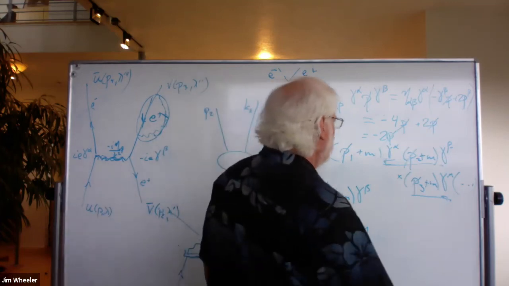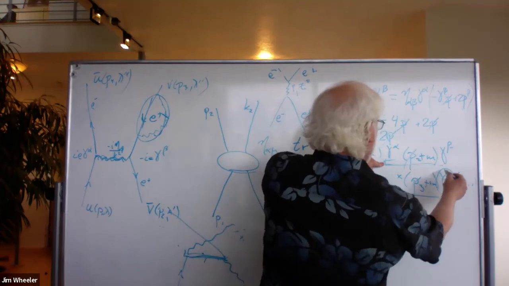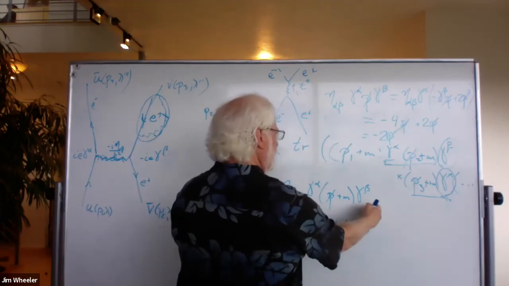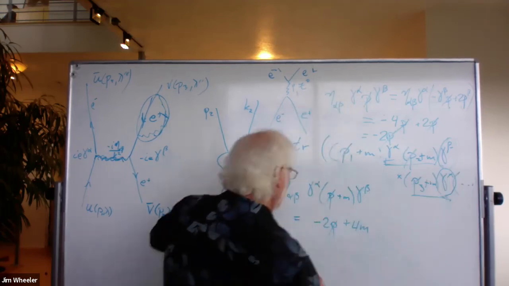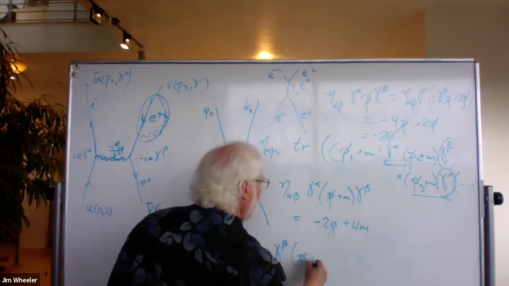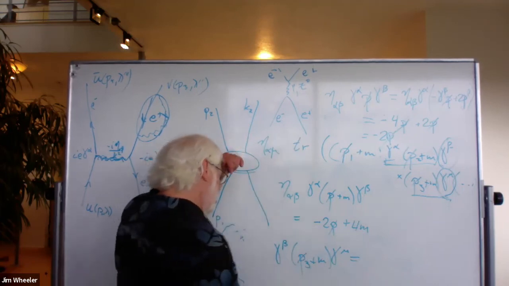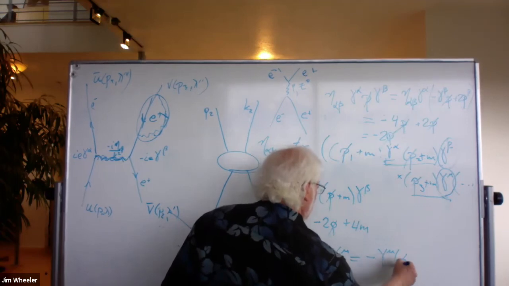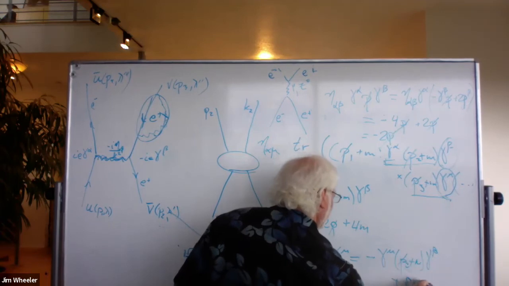Well, now, what about something like this? You really would like that gamma interchanged with that gamma. So now you have this thing, right? If you've got an eta alpha mu here, you'd like to interchange those two. Well, what you can do is write this product, gamma mu. You can show that this is minus gamma mu P3 slash plus M gamma beta plus a bunch of stuff.